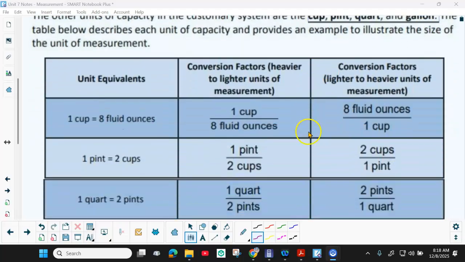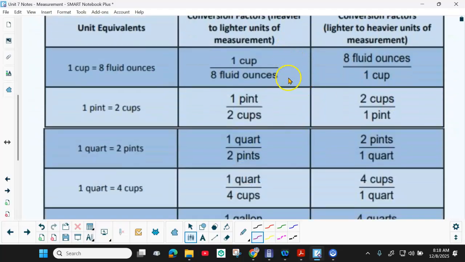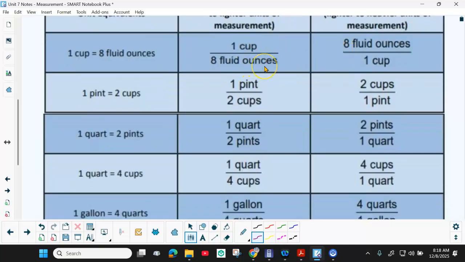You'll see on this chart, very similar to what we saw on the previous conversions, that whatever we're going to convert to stays on top, so we're going to keep that, and whatever's on the bottom will eventually go away.